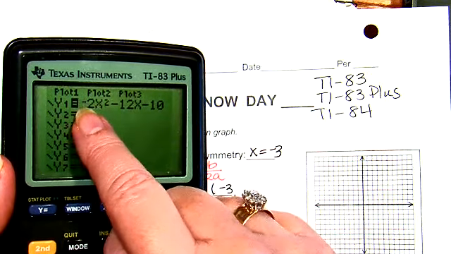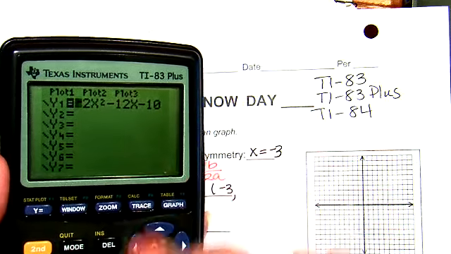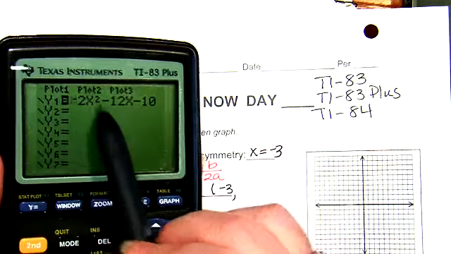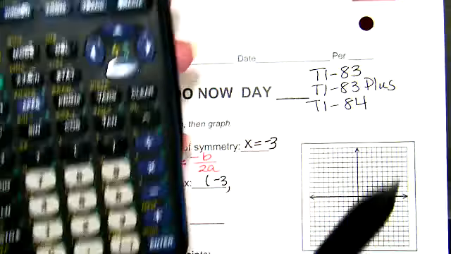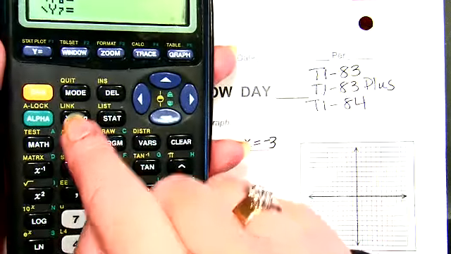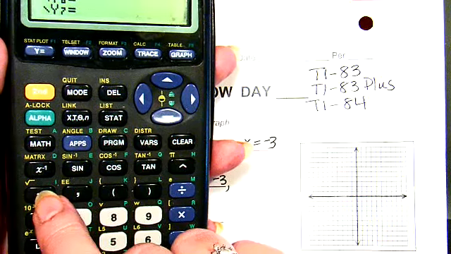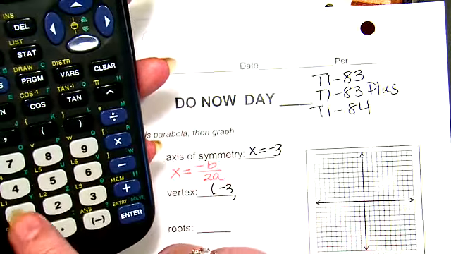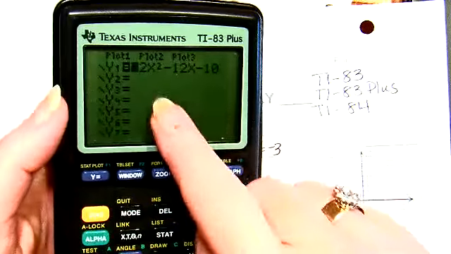You can see this one's a little bit smaller and this one's a little bit bigger. So negative 2x squared minus 12x minus 10, and I pushed enter.